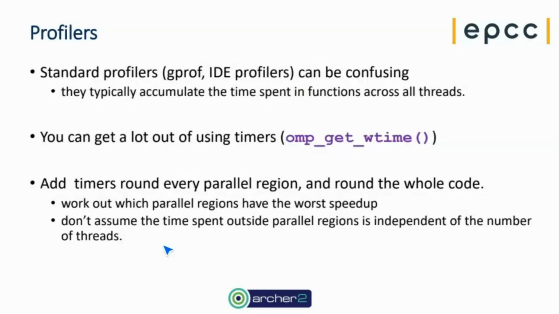As I mentioned in the chat yesterday, standard profilers, things like gprof or the profilers you get in IDEs, can be pretty confusing for OpenMP code, because what you see is a profile where they accumulate the time spent in functions across all the threads. That's not necessarily terribly helpful.